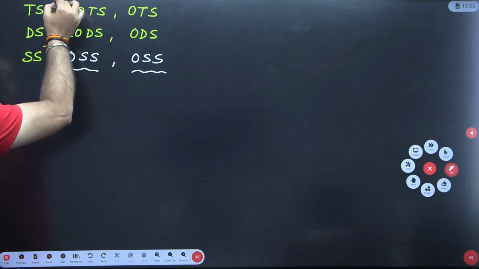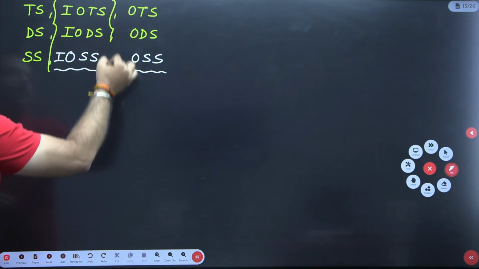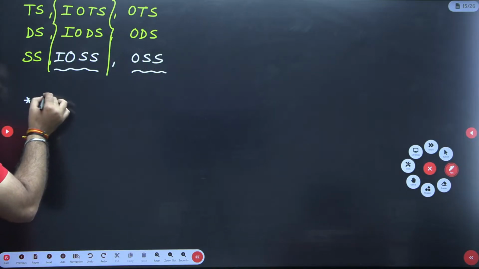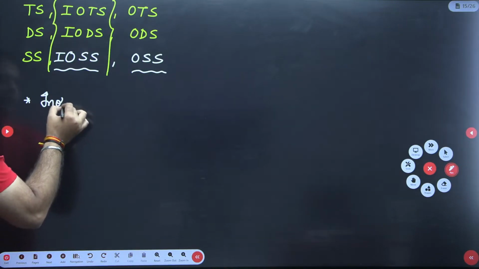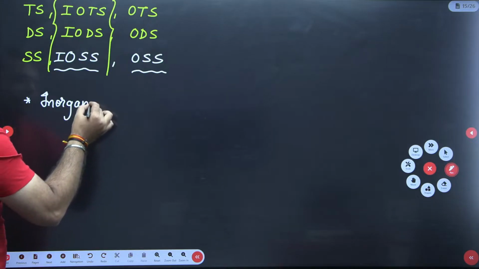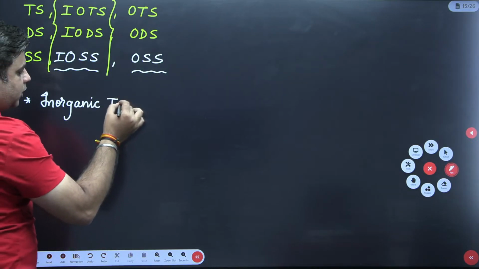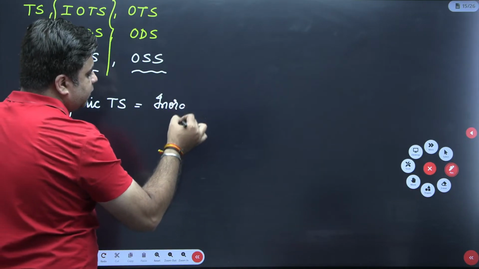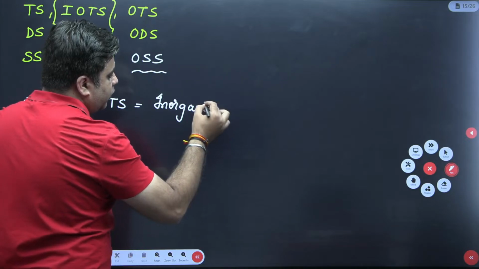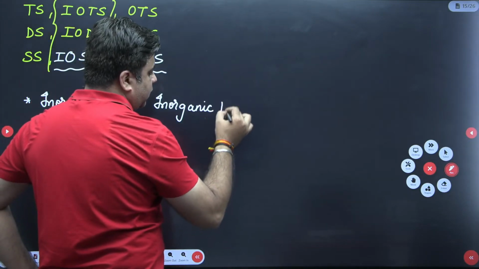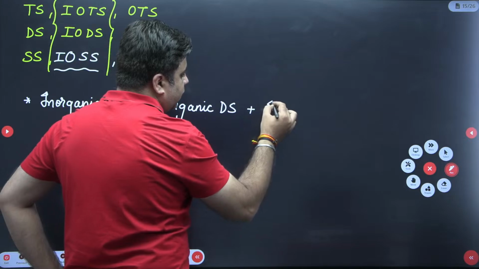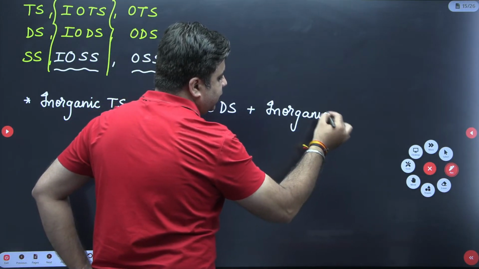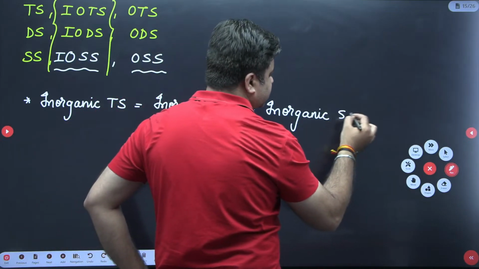When you just check out this column, can I write down inorganic total solids is equal to inorganic dissolved solids plus inorganic suspended solids?